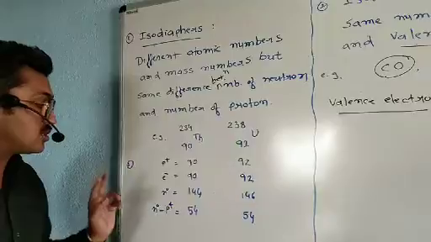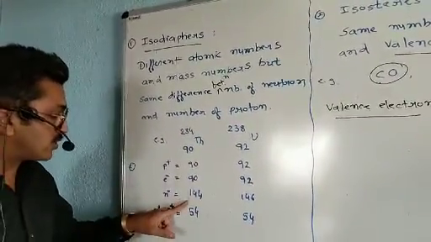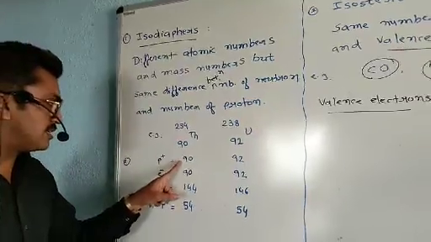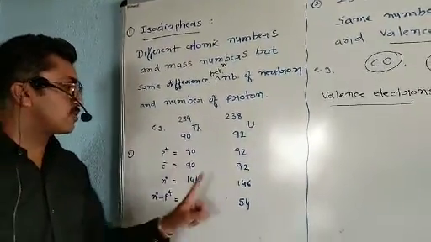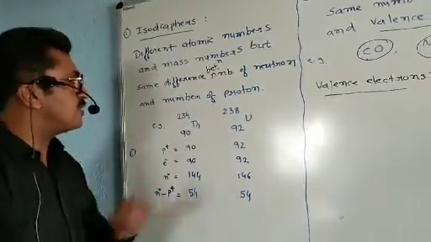Now we will take the difference between neutrons and protons. 144 minus 90, the answer is 54. 146 minus 92, the answer is 54.